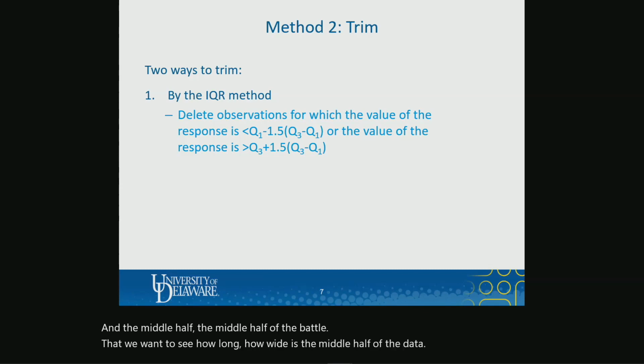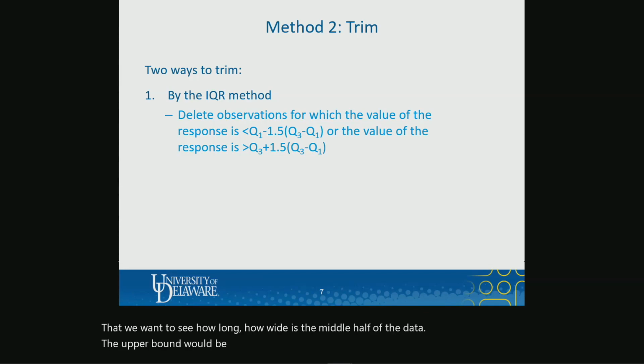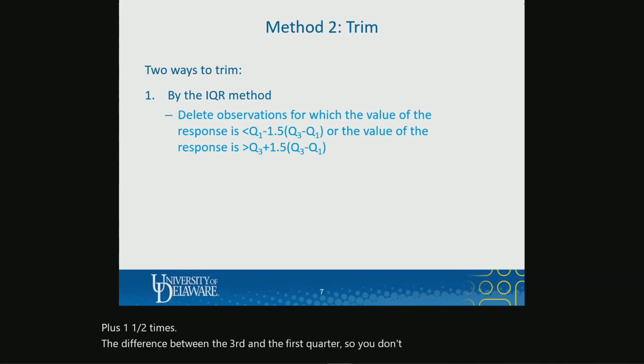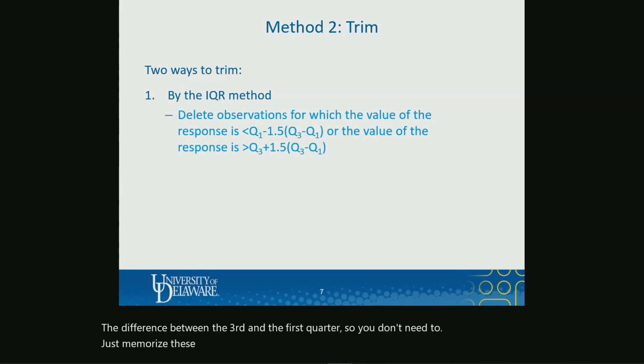The upper bound would be the third quartile plus 1.5 times the difference between the third and the first quartile. So you don't need to memorize these formulas or even understand them. You can just use the formulas from the PowerPoints. Okay, so don't worry about that.